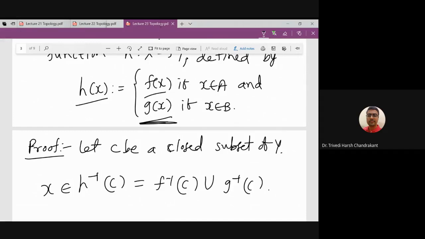If Hx is Fx, that gives us Fx belongs to C, so x belongs to F inverse C. And if Hx is Gx, then x belongs to G inverse C. So this is a subset of that one, and the converse is also true, because Fx is also Hx and Gx is also Hx for every x in the respective sets. So these sets are equal.